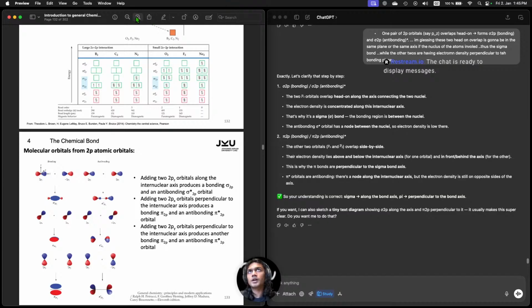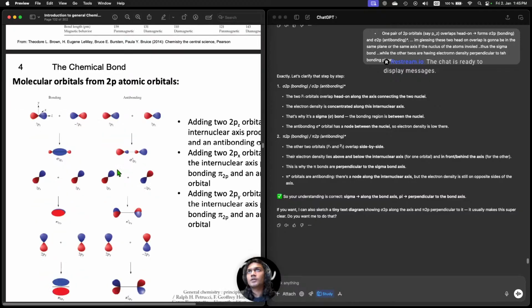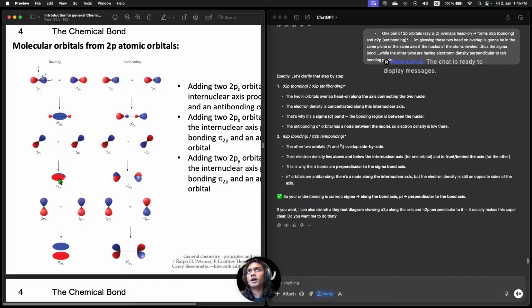Wait, I gotta see this in person. So that's the negative, that's the positive. If two connect and form this one, that's the pi bond.